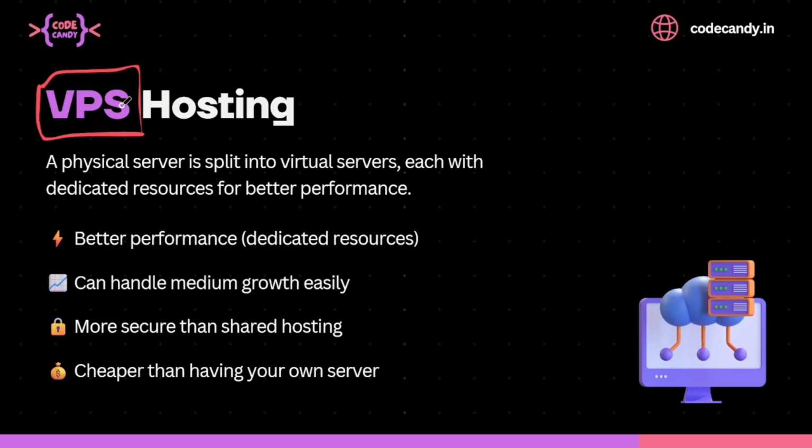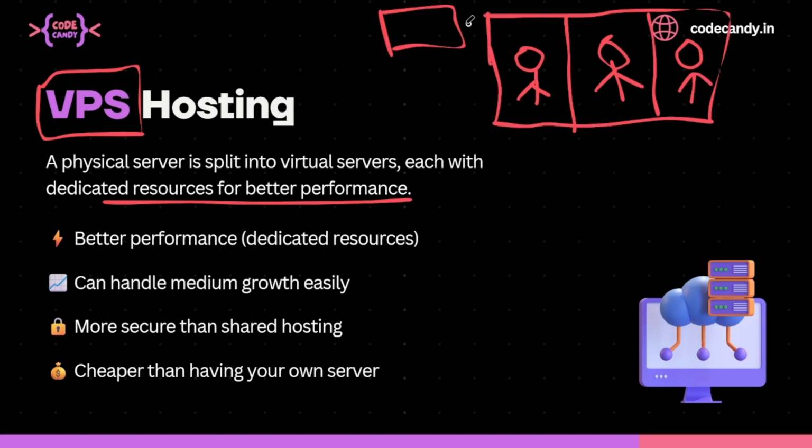Previously, you only had access to one water tank and that tank is used by the other three families, right? Now in VPS hosting, this tank is divided into three different segments. Like here we will give a 3-liter water tank, which means this person will get 1 liter, this person will get 1 liter, this person will also get 1 liter.